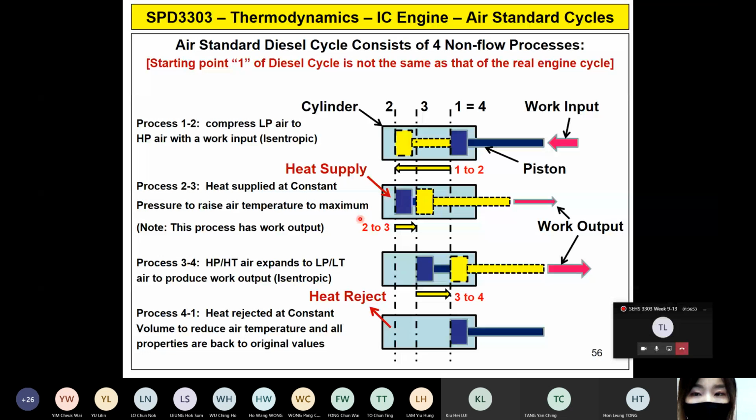Then we assume there is no loss. Ideal model means no loss. It's not true in reality. But to perform the basic analysis, we assume we have an ideal model, which is no loss, so that we have what? Reversible process.